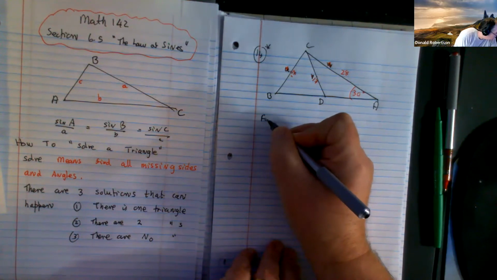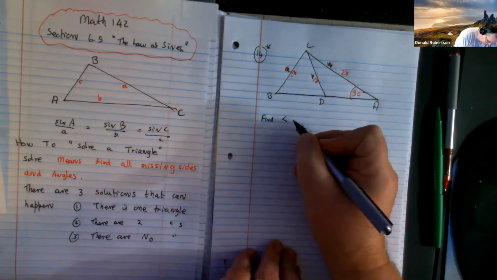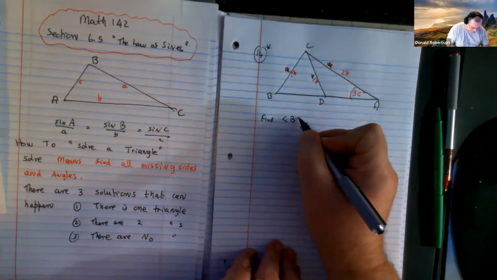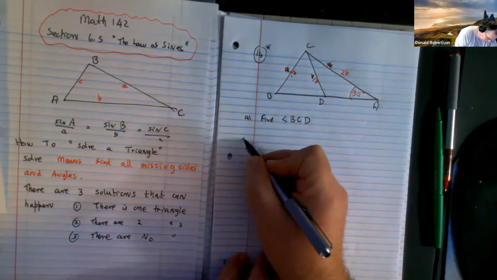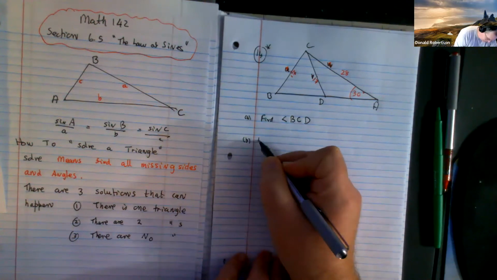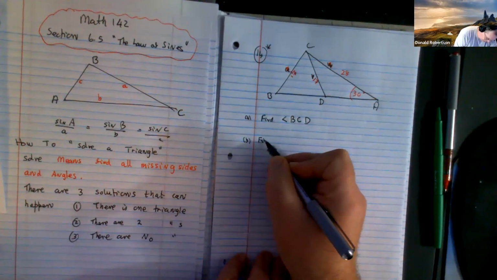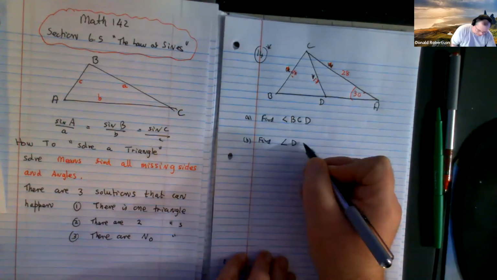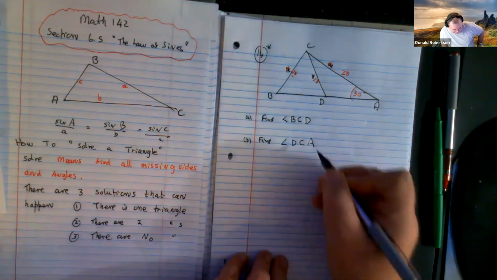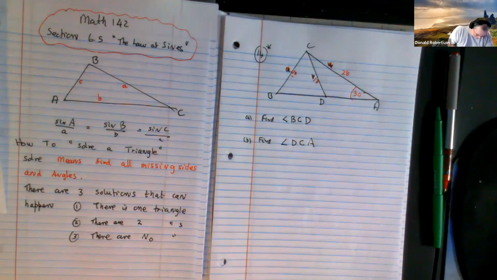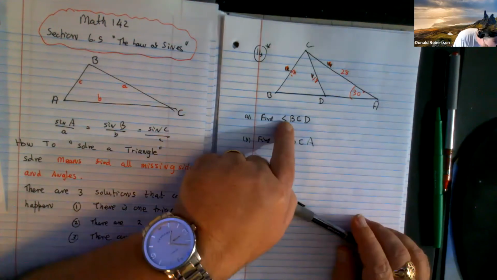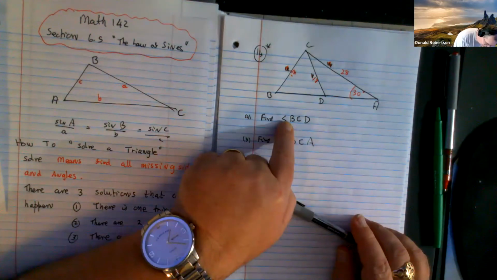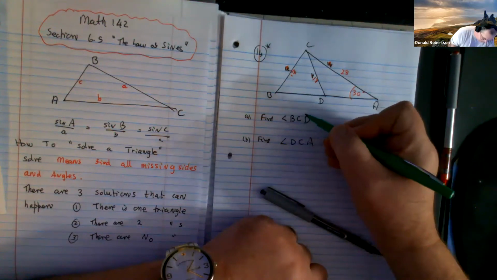Find angle BCD. And that's going to be question A. And question B is find the angle DCA. If you look at this picture, the angle BCD, isn't it that angle in there?